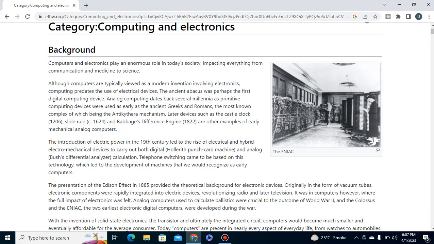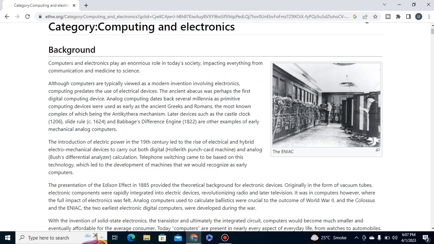Electronic components were rapidly integrated into electronic devices, revolutionizing radio and later television. It was the computer, however, where the full impact of electronics was felt.